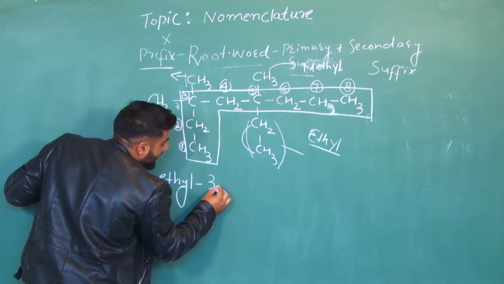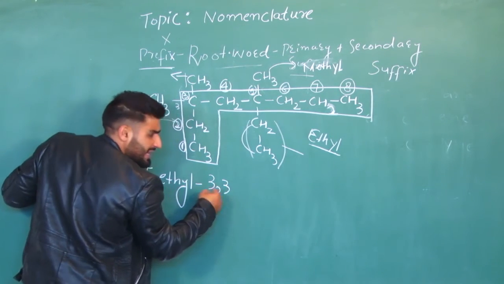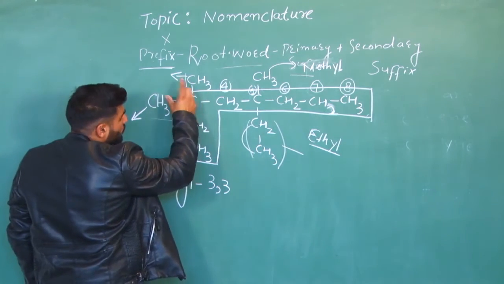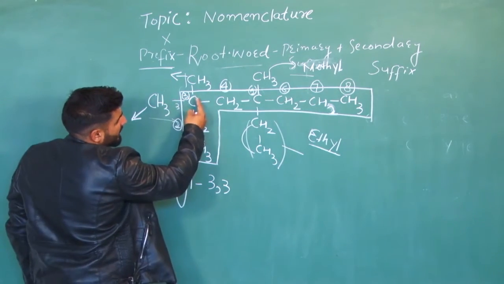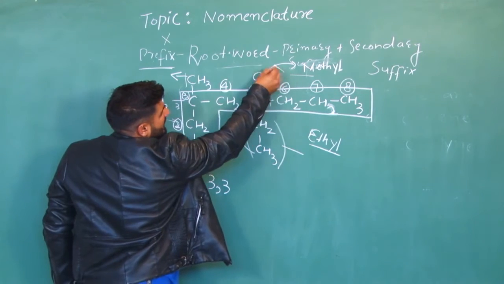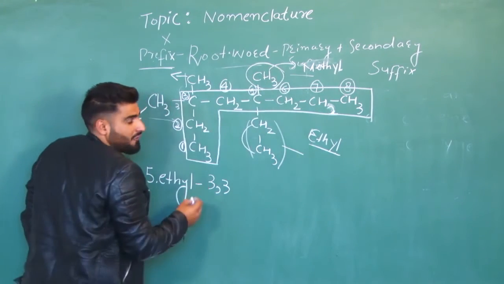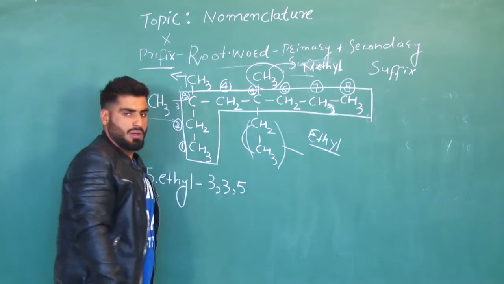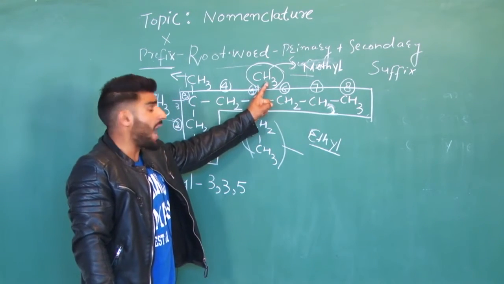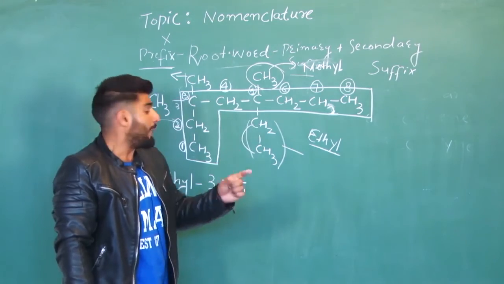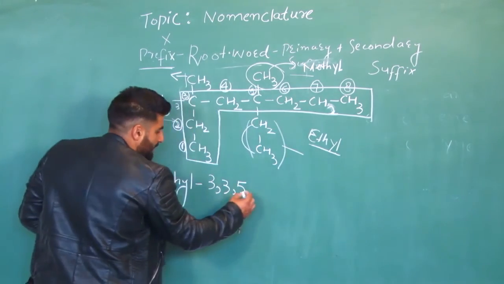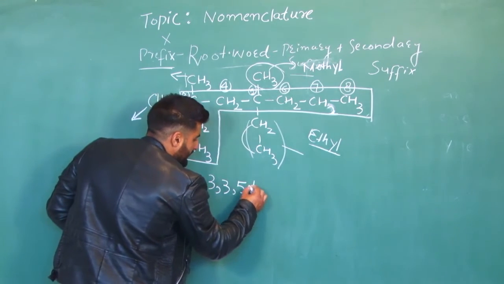So I will be writing 3, 3. Why 3 comma 3? Because on carbon number 3 we have 2 methyl groups, 3 comma 3, and I have 1 methyl on carbon number 5. So 3 comma 3, 5. Which groups are they? These are methyl groups. But how many are they? They are 3. So I'll be writing 3,3,5-trimethyl.